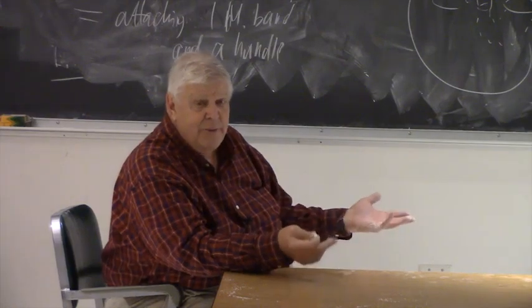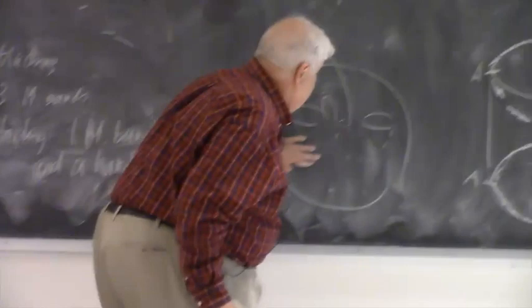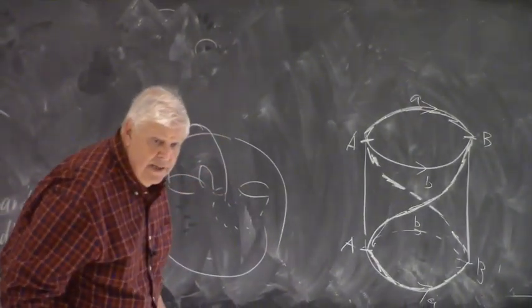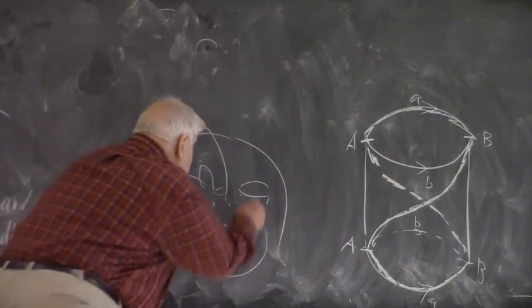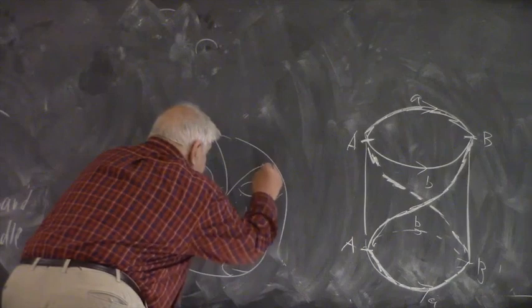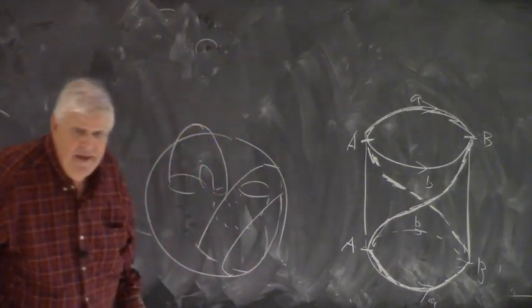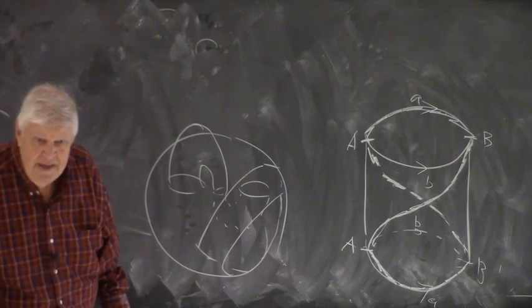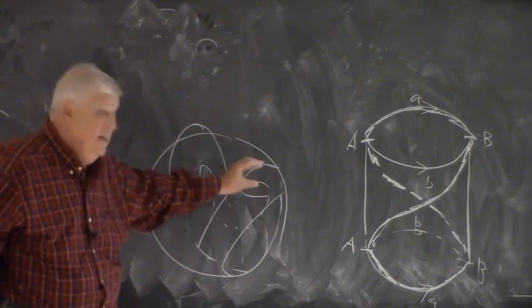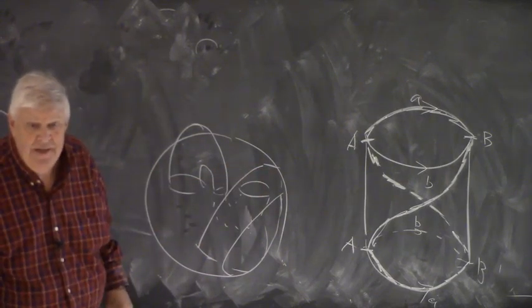And now my last remark. Suppose we had a surface, and we attach an inverted handle to a surface which already contains a Möbius band. Then we can take this base and move around the Möbius band. What happens? It changes its orientation.